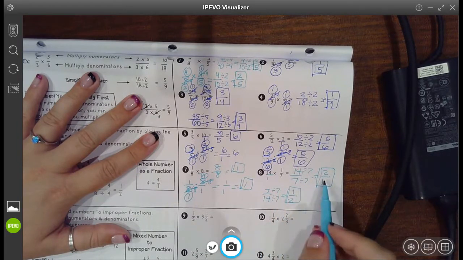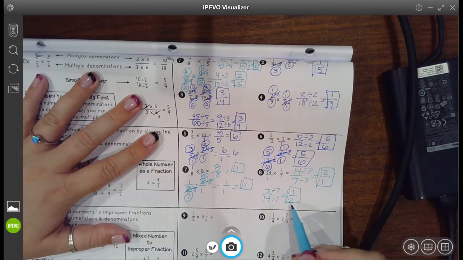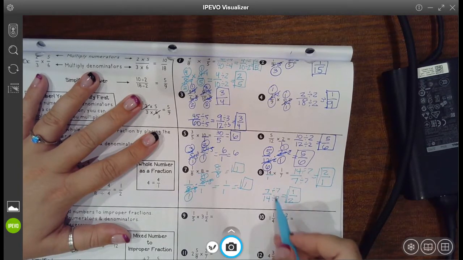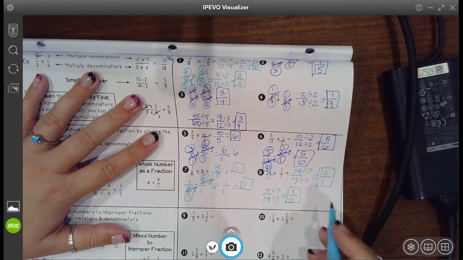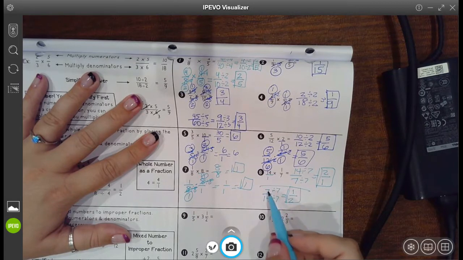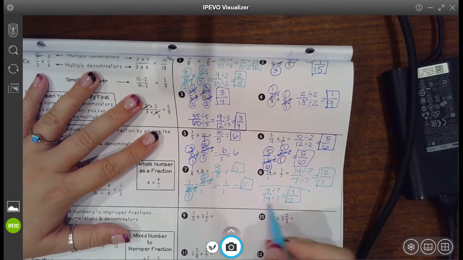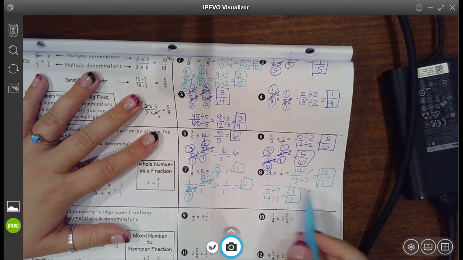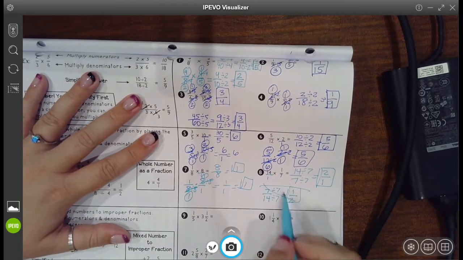This one reduces to 2, but this one reduces to 1/2. So this is why I so strongly recommend that you always show what you're reducing by, because this and this both happen often. Now, again, this is not this problem. It's just a similar type of problem. Sometimes you end with 14 over 7, and sometimes you end with 7 over 14. 7 over 14 reduces to 1/2. 14 over 7 reduces to 2.